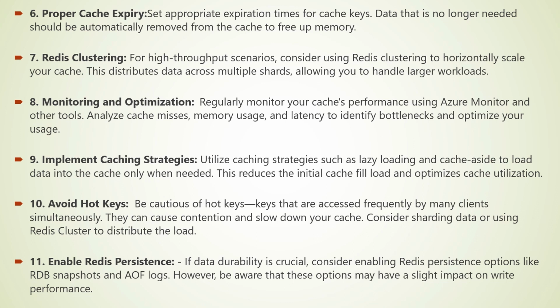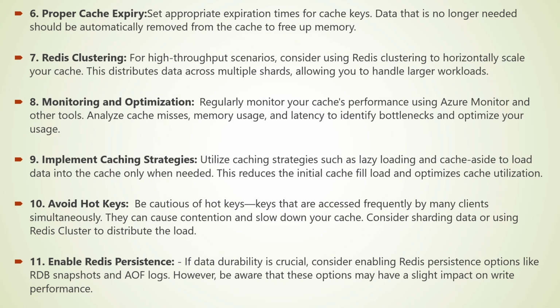7. Redis clustering. For high-throughput scenarios, consider using Redis clustering to horizontally scale your cache. This distributes data across multiple shards, allowing you to handle larger workloads. 8. Monitoring and optimization. Regularly monitor your cache's performance using Azure Monitor and other tools.